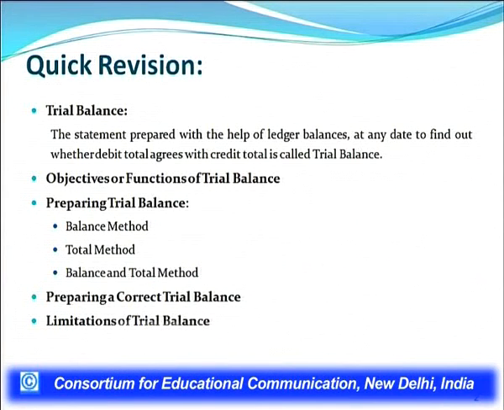Its main objective is to check the accuracy of the accounts and also prepare a base for financial statements. We discussed three methods of preparing a trial balance: balance method, total method, and balance and total method. I also explained some tips on how to prepare the correct trial balance, and the limitations of the trial balance.